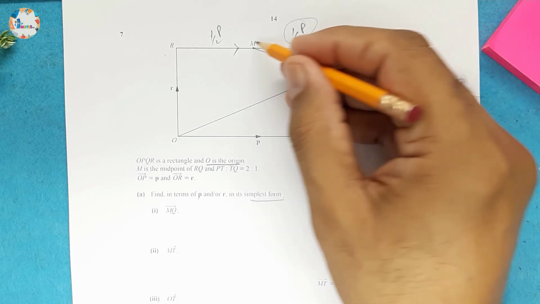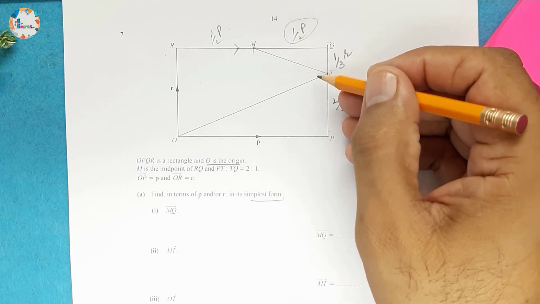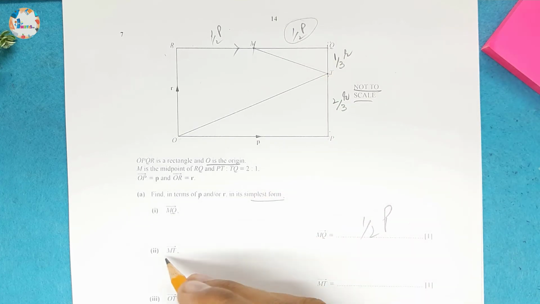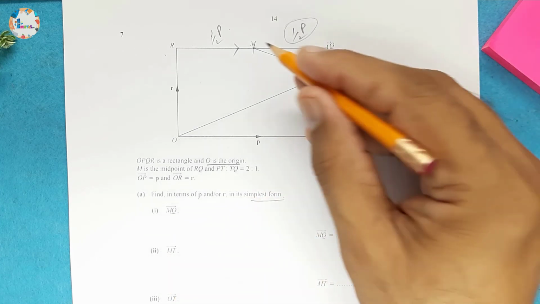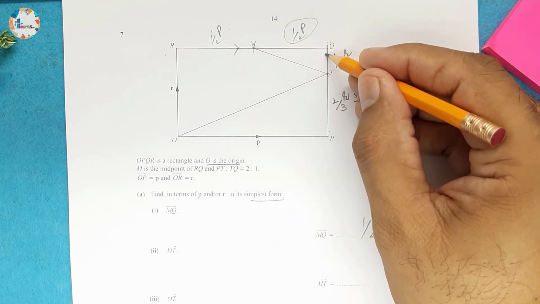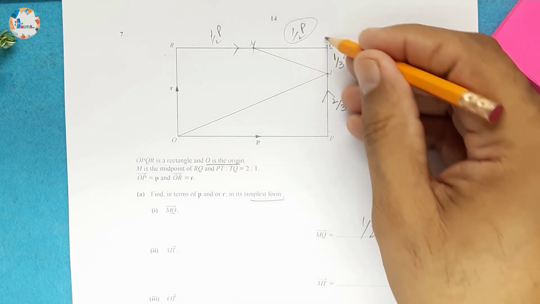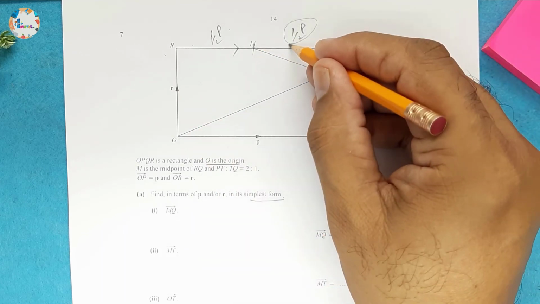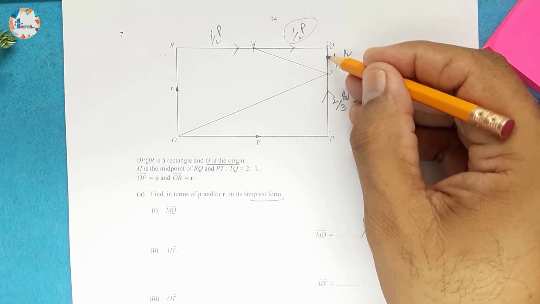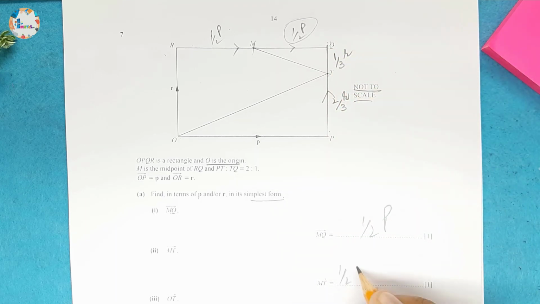Hopefully you understood this. I have explained MQ already. Then MT. MT is this one. So for MT we can take this route and this route, but this is directing upward along R. So this will be half P minus 1/3 R, which is the answer for this one.